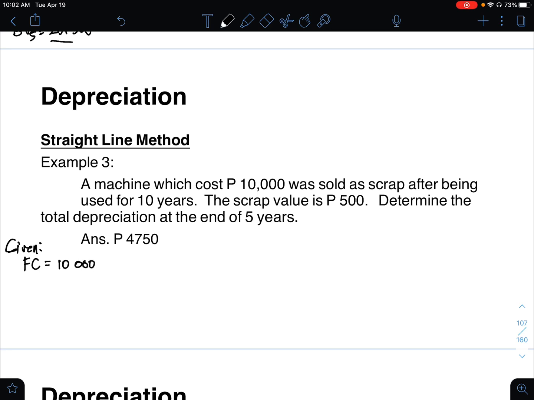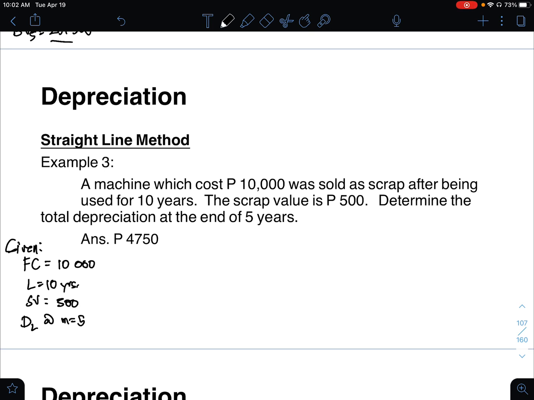Then we have L, which is 10 years. Then the scrap value, which is just 500 pesos. Okay. The question is the total depreciation at 5 years. So DM at M is equal to 5.